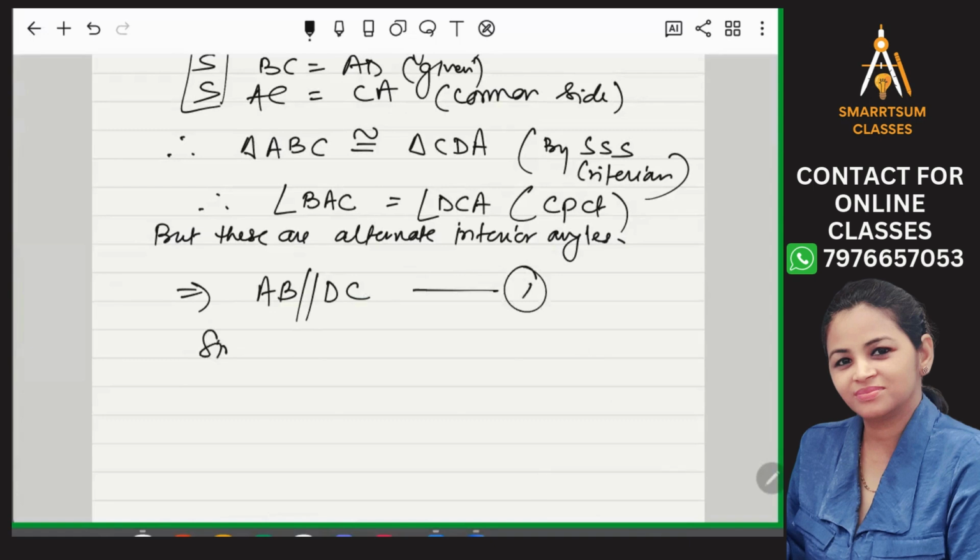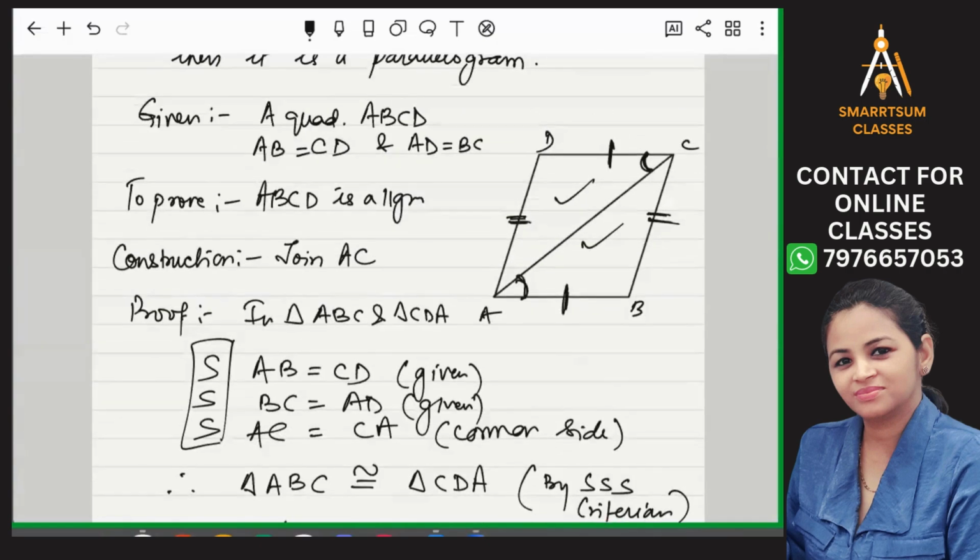Similarly, we can prove that AD is parallel to BC. Again, the two triangles are congruent, so they give another pair of alternate interior angles between the two sides AD and BC.